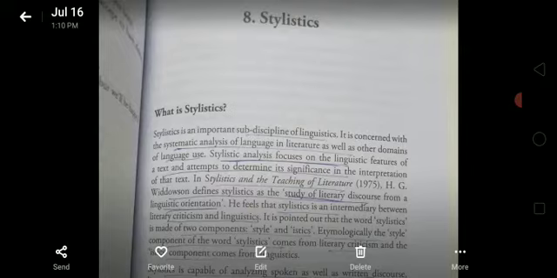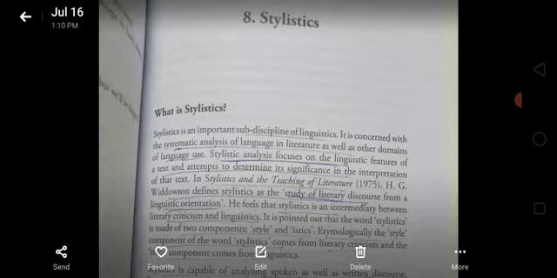Stylistic analysis focuses on the linguistic features of a text and attempts to determine its significance in the interpretation of the text. In Stylistics and the Teaching of Literature, written in 1975, H.G. Widdowson defines stylistics as the study of literary discourse from a linguistic orientation.